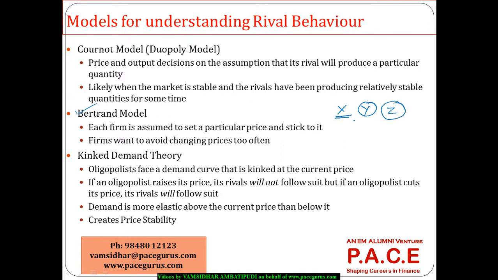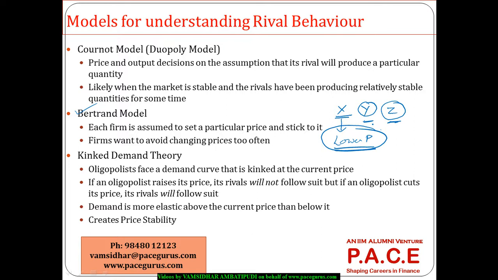X thinks that Y and Z will stick to that price for some time, and based on that, X is going to set a slightly lower price. Now this is where the catch is.